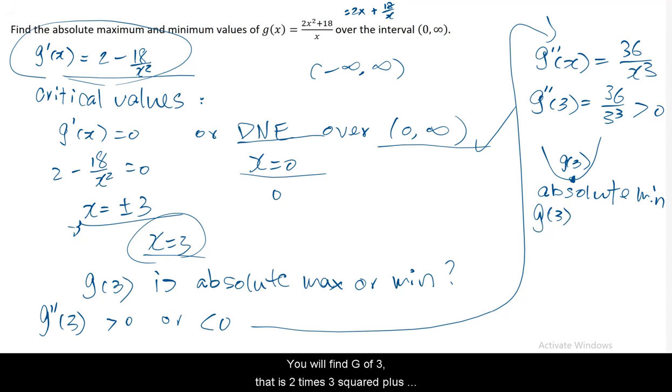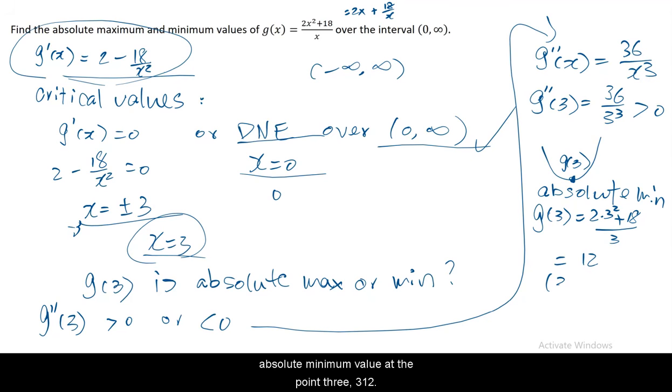You will find g of 3. That is 2 times 3 squared plus 18 over 3, which is 12. All right, so we have an absolute minimum value at the point (3, 12).